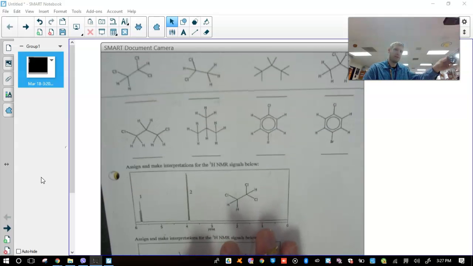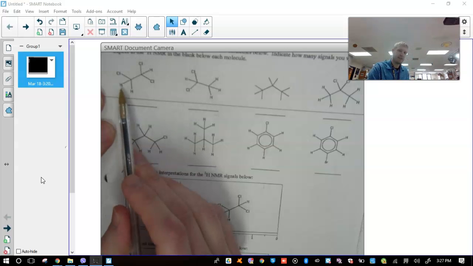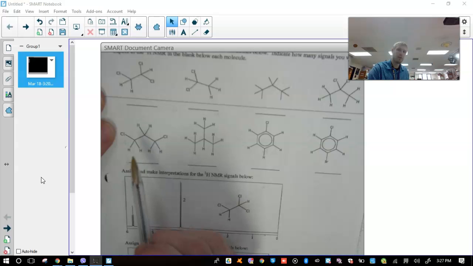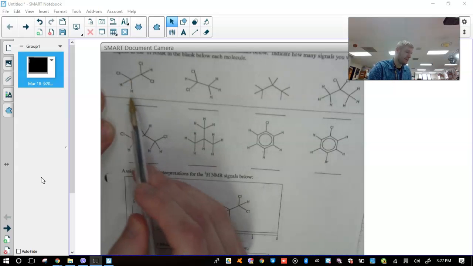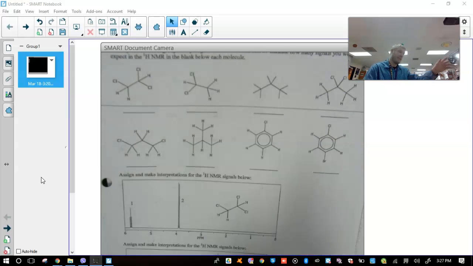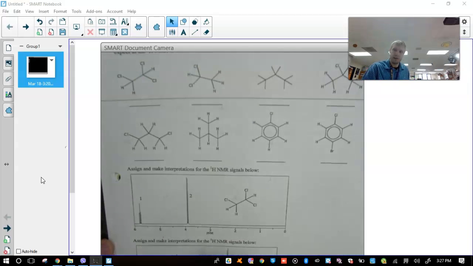So if we move up here, this hydrogen is connected to a carbon that's connected to 2 hydrogens and a chlorine. This hydrogen is connected to a carbon that's connected to 2 hydrogens and a chlorine. These 2 hydrogens are identical, at least chemical shift-wise, in terms of the radio frequency of the nuclear flip within a magnet.